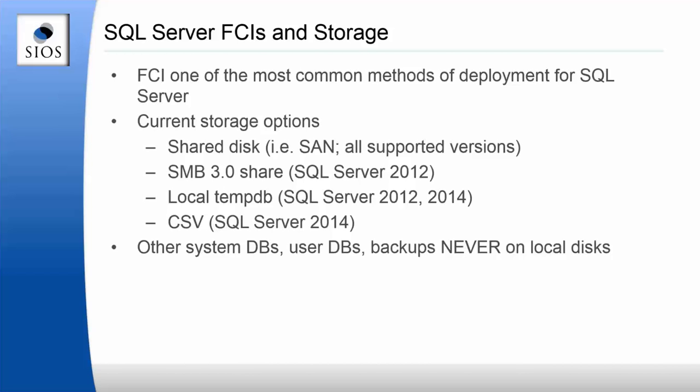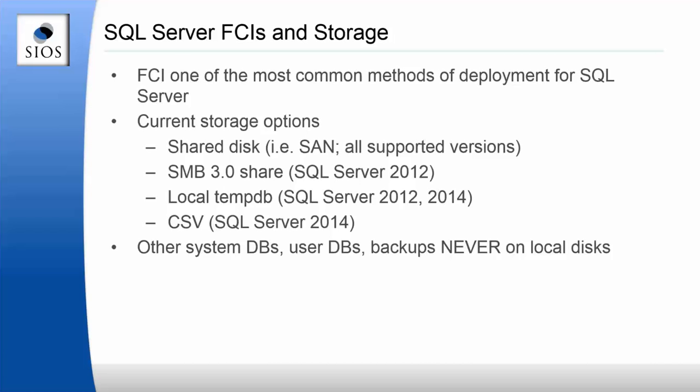So another thing that they brought into SQL Server 2012 carried over into 2014 is that you can have a local TempDB. Now, you'll see in a moment where this has played in for a little while with one of the technologies that I'm going to talk about. But the reason for this is, as I was talking a few moments ago, shared disk can be a very expensive resource if you need high throughput, and it's a big shared resource.